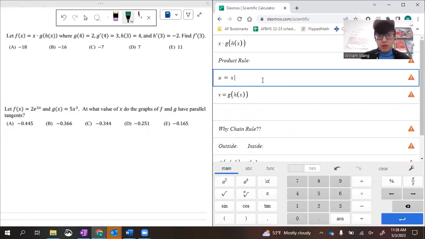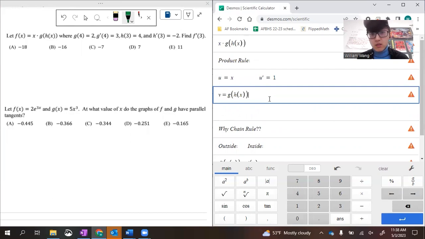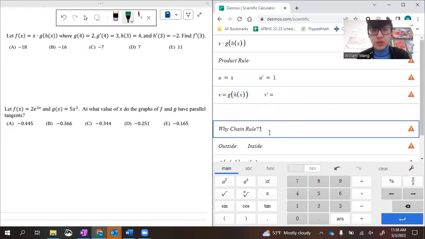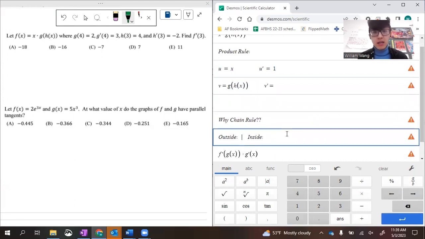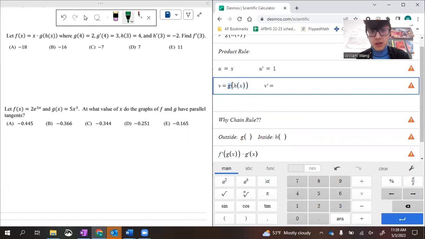I'll also write here u prime is equal to 1. And v prime is equal to, well, I'm taking the derivative of g of h of x. Here's where I do my chain rule. The question is, why chain rule? Well, because my function has an outside g and an inside h function. You can see that here. My outside function is g, and it totally envelops this inside h function.